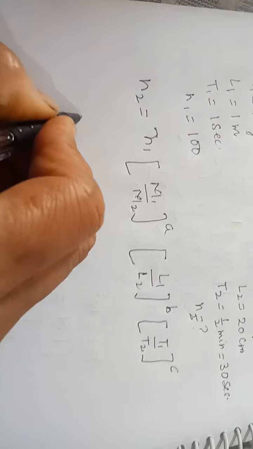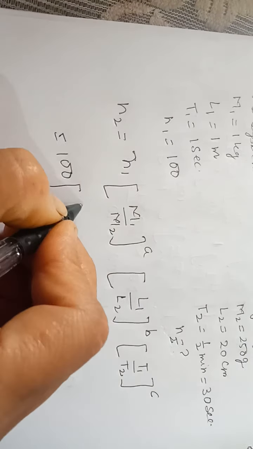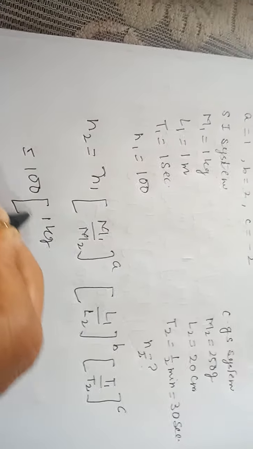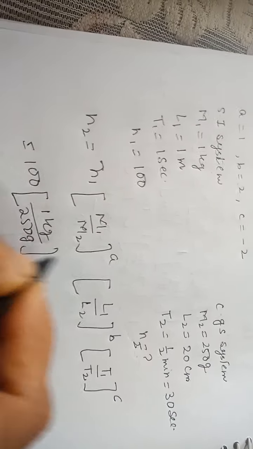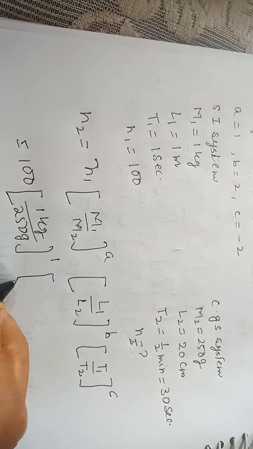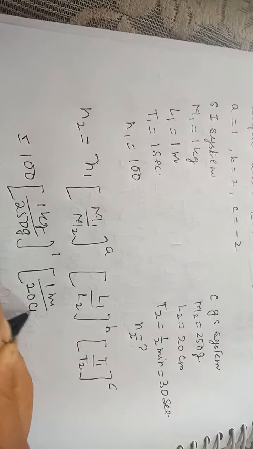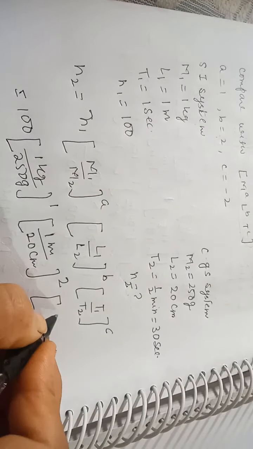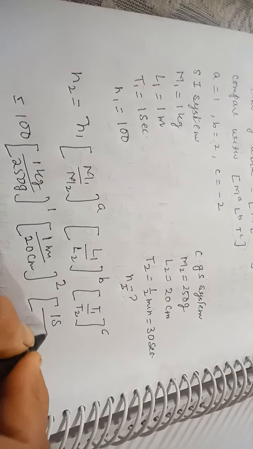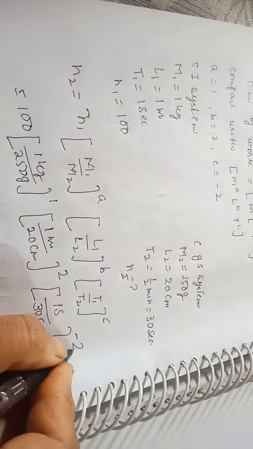Now substitute: 100, m1 is 1 kg and this is 250 gram to the power 1, L1 is 1 meter and this is 20 centimeter to the power 2 because b is 2, and this is 1 second divided by 30 second to the power -2.